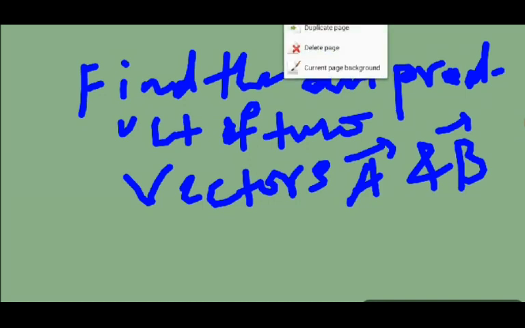Okay, so let's have example 1. In example 1, we take the y-axis and x-axis.